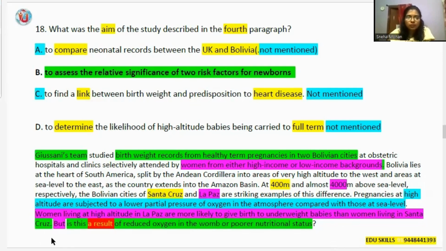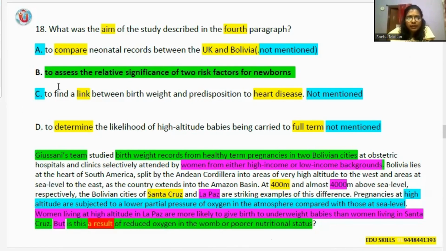There is a contrast word, but is this a result of reduced oxygen in the womb or poorer nutritional status? So we can see that there are two factors which have been compared here, whether it is because of the reduced oxygen in the womb or poorer nutritional status.